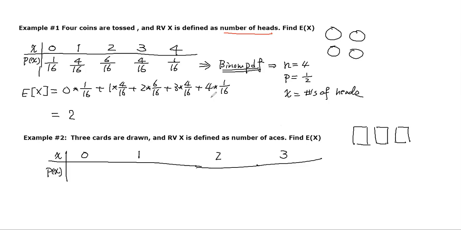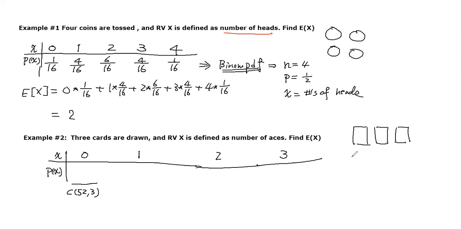So now in here, we are going to use the counting principles. Because I'm drawing 3 cards, my denominator is C(52,3), right? So I take the C(52,3). And now if I draw 0 aces, that means none of the 3 cards I draw is an ace.